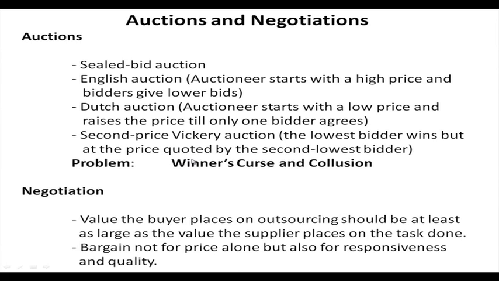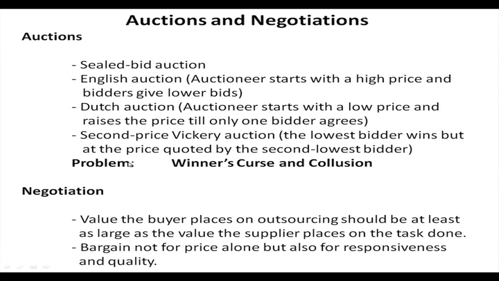That is why the second price victory auction takes care of this problem, where the lowest bidder wins, but at the price quoted by the second lowest bidder and not the one that he is bidding. This is to take care of the problem of the winner's curse.